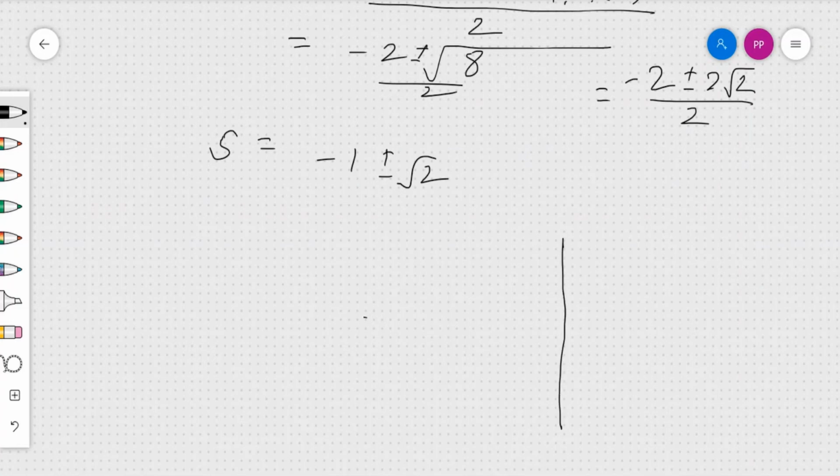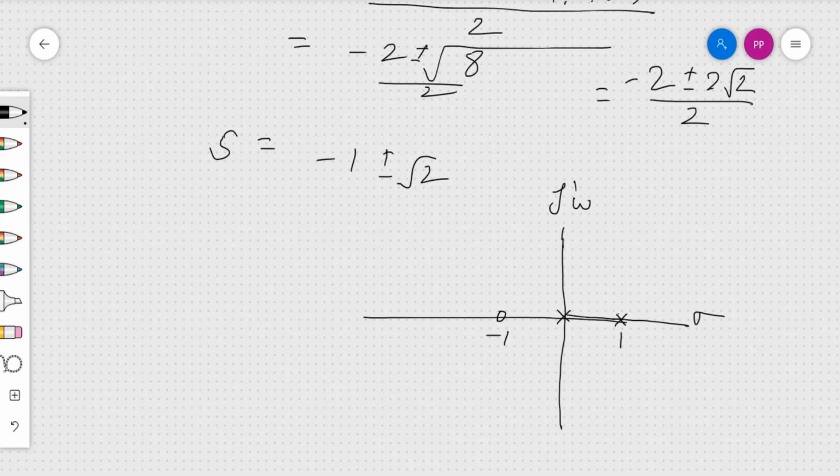We have pole at origin, then pole at the origin, and plus 1 on the sigma j omega, then minus 1 is the zero, and so from here we have the path of the root locus as this one.